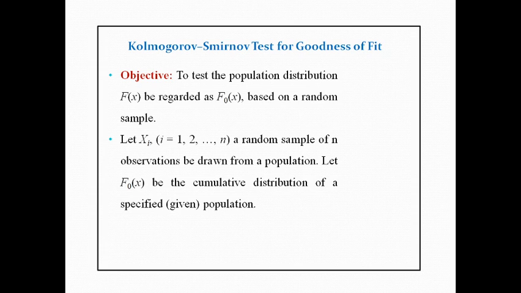Here we consider xi, with i running from 1 to n, that is x1, x2, up to xn, a random sample of size n drawn from the population, and we assume F naught x is the cumulative distribution function of a specified, given population. This means F of x is just the distribution function of the random sample, and F naught x is the cumulative distribution function of that given population.